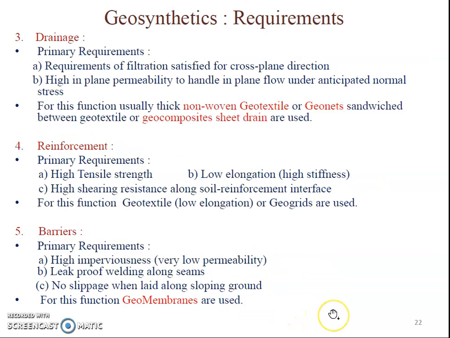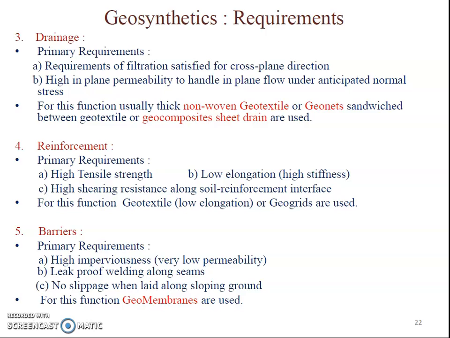The third function is drainage. If we use geosynthetics for drainage, the requirements are different. The requirement is that the filtration requirements are satisfied in the cross-plane direction, and there is high in-plane permeability to handle in-plane flow under the anticipated normal stress.